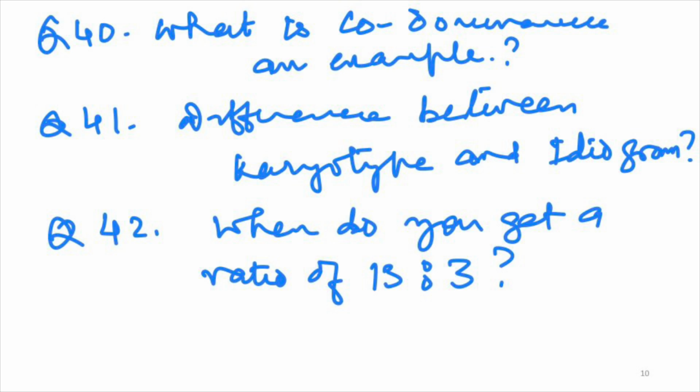The difference from dominant epistasis is that the suppressing gene does not have a phenotype of its own, so it allows the other one. Because of this, we just have 2 categories, 13:3, where the gene is allowed to express, or is not allowed to express. So you get a ratio of 13:3 in suppression epistasis.